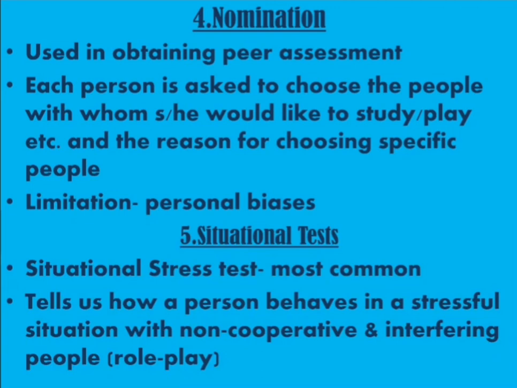And then we also ask them why they chose that specific person for that activity. And on the basis of these nominations, we will try to understand the personality and the behavioral qualities of the person. Then one limitation here is that there are personal biases involved.